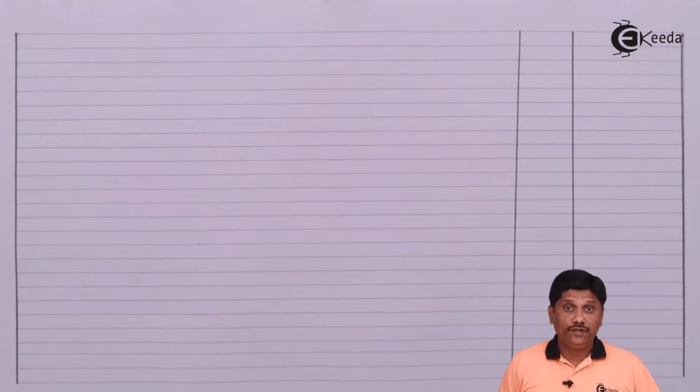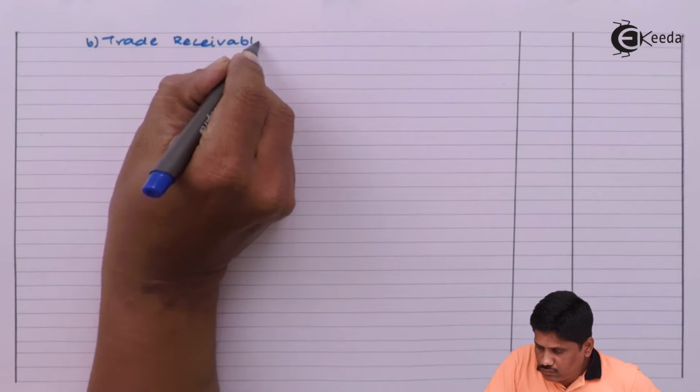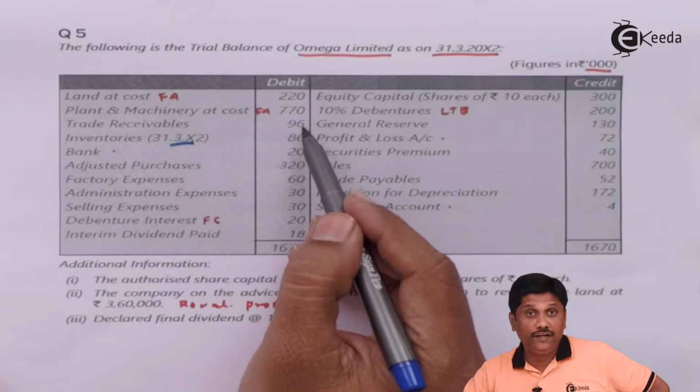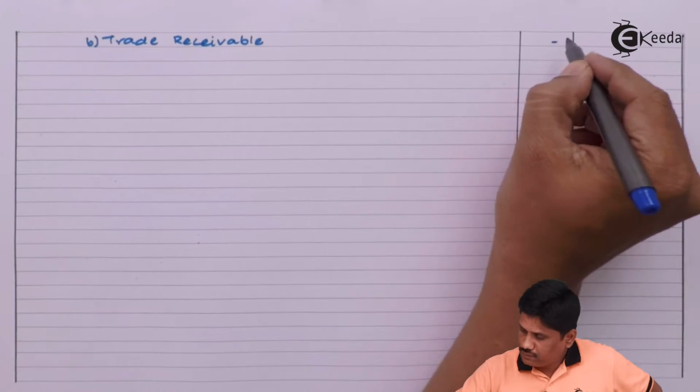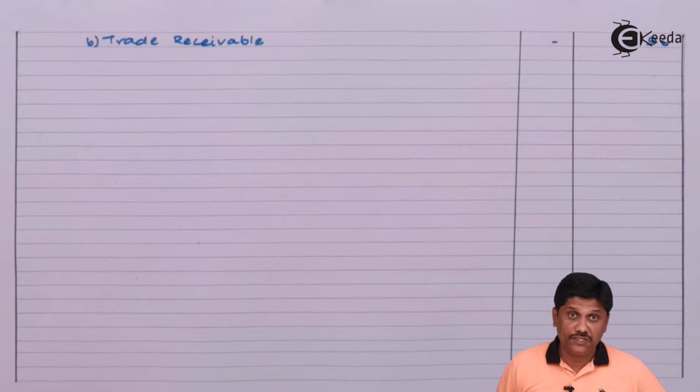Next item to be written in your current asset is trade receivable. There is only one single figure for trade receivable, 96, so I am copying that. After trade receivable, I need to write cash and cash equivalent.